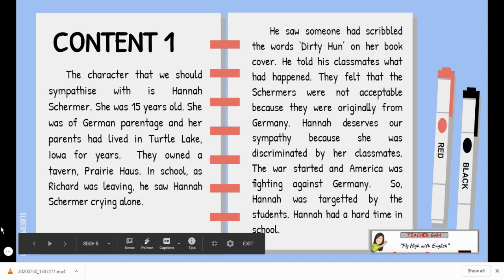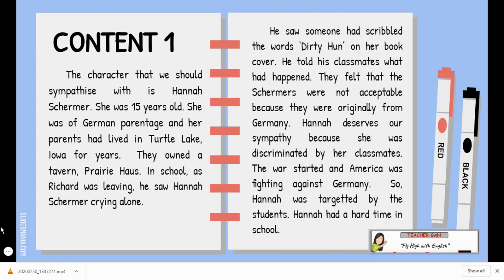Let's look at content 1, which is paragraph 2. The character that we should sympathize with is Hannah. She was 15 years old and she was of German parentage, and her parents had lived in Turtle Lake, Iowa for years. They owned a tavern, Perry House. In school, as Richard was leaving, he saw Hannah Schirmer crying alone.